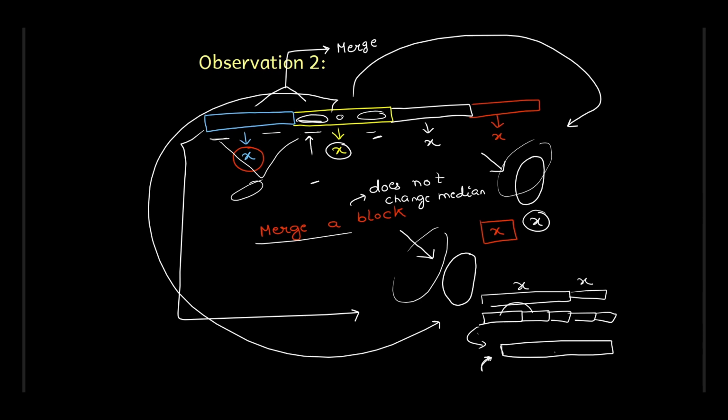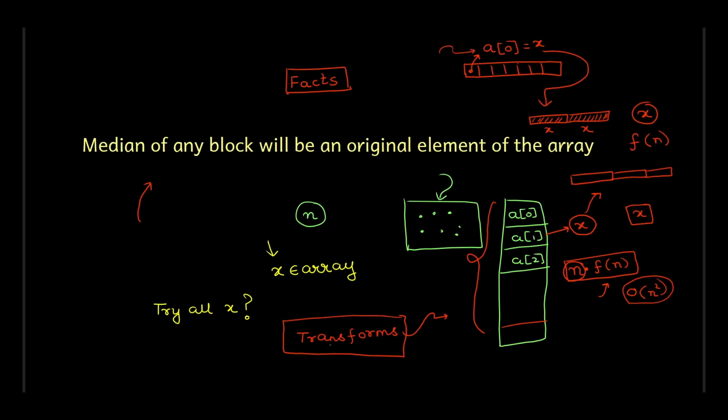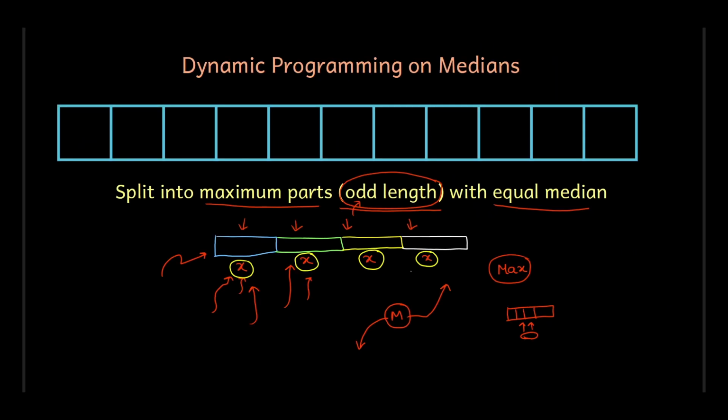And the original array had a fixed median, which you can determine by sorting the original array and figuring out this X. This means that what we were trying to do earlier, trying out all the X, was actually an overkill, because if an optimal partition exists where each block has equal median, then each block should have X equal to the original median.